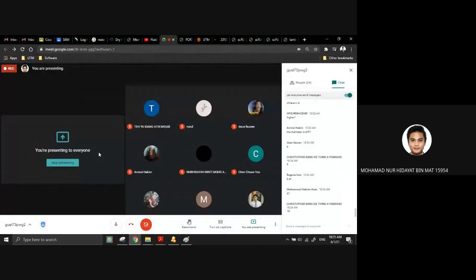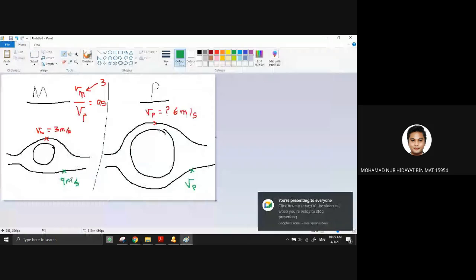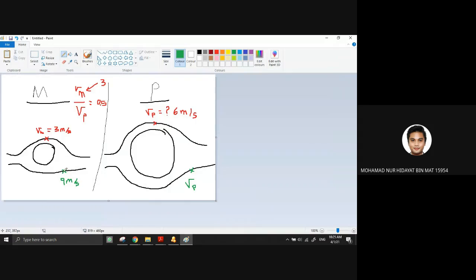Okay, correct, Christopher King. Here it mentioned that the velocity ratio is constant for the corresponding points. So this point refers to this corresponding point. You cannot use this point with this point.